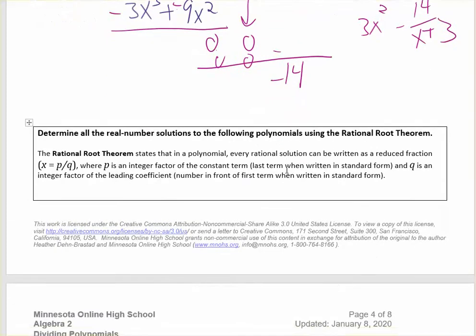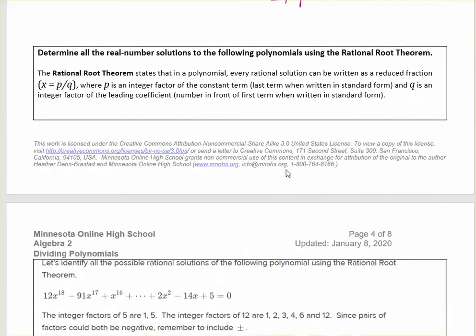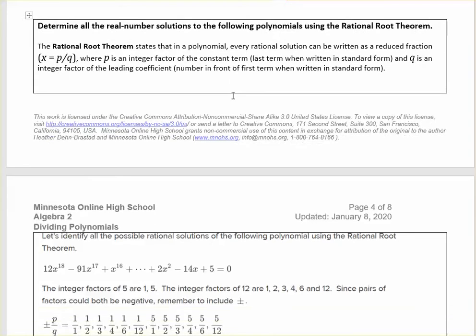All right, next up is determining all the real number solutions to the following polynomials using the rational root theorem. The rational root theorem says that if you take all of the factors of the constant at the end, all the factors of 5, and divide it by all the factors of the first coefficient, the leading coefficient, that will give you all your possible options for roots, for solutions.